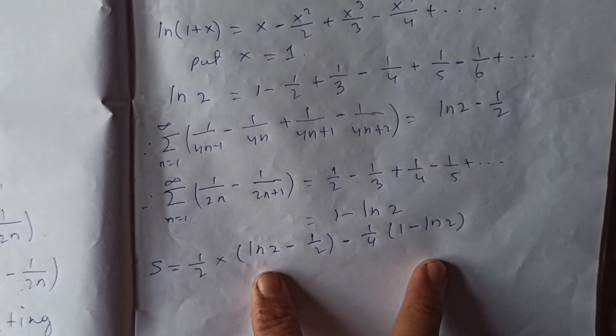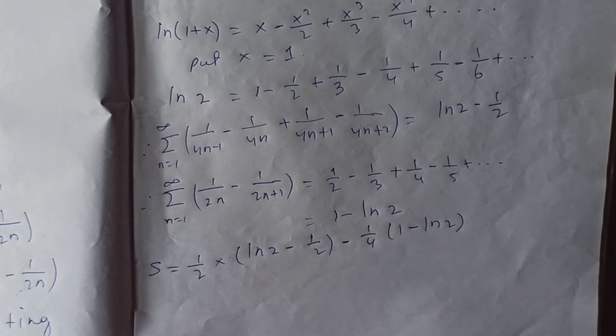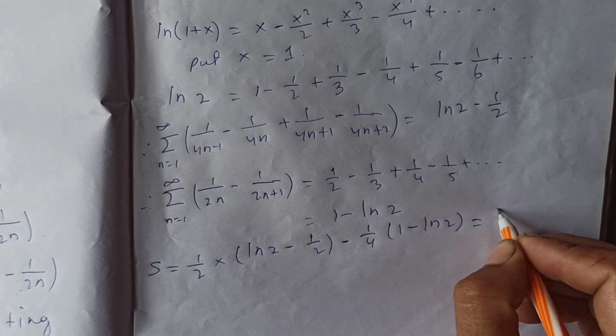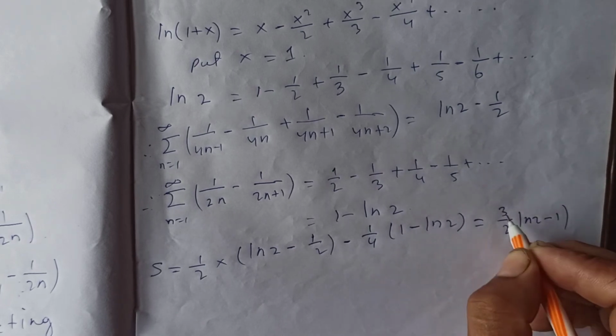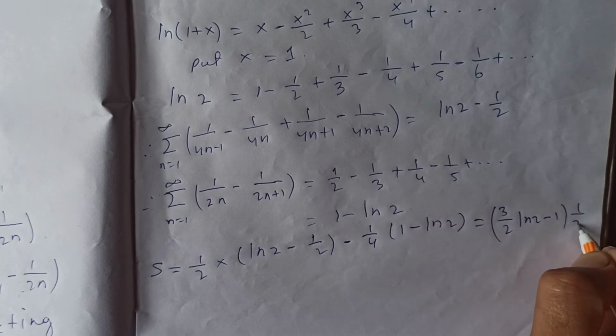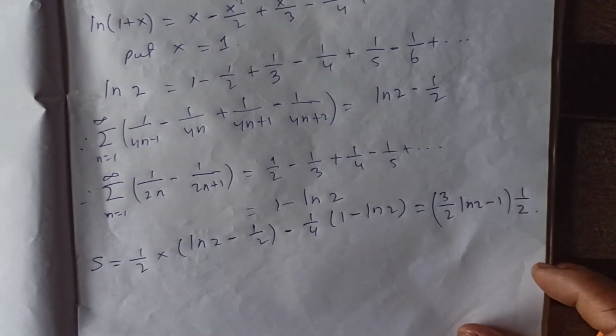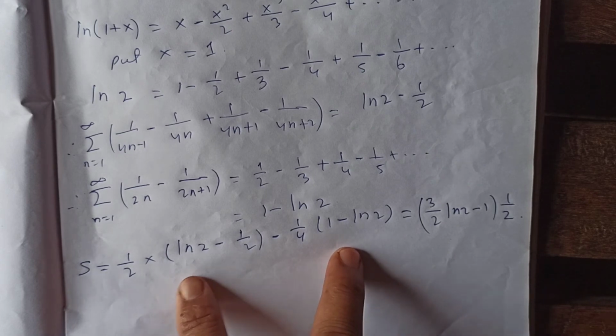Then you will get 3 by 2 natural log of 2 minus 1 into half. If you simplify this one, you will get this.